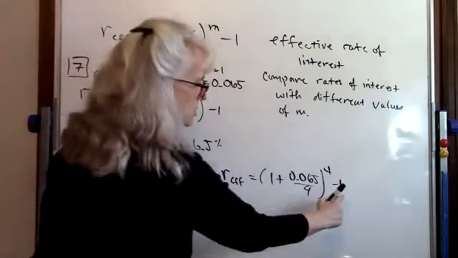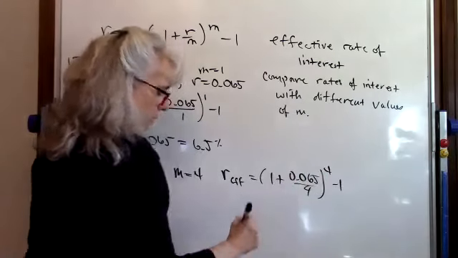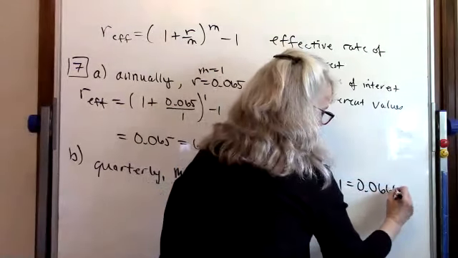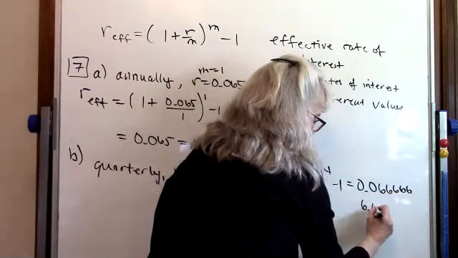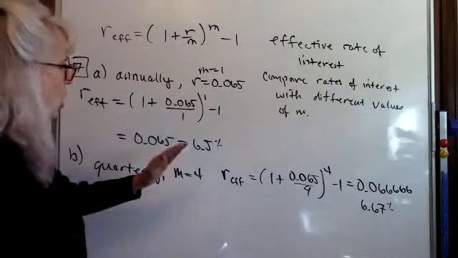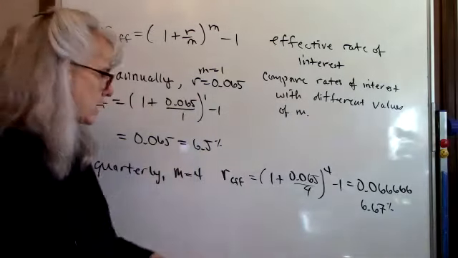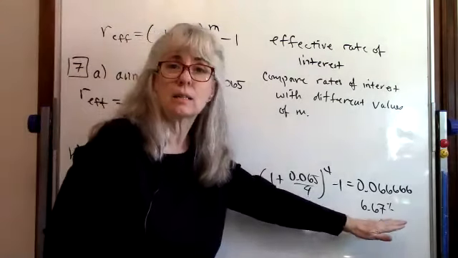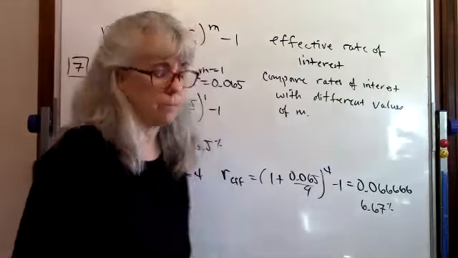And again, the reason you're subtracting off the 1 is because you have this 1 raised to the 4th power in there. And if you do this, this comes out to be 0.06666, or approximately 6.67%. So if I wanted to compare a quarterly rate with an annual rate, 6.5% quarterly would be the same thing as 6.67% annually.